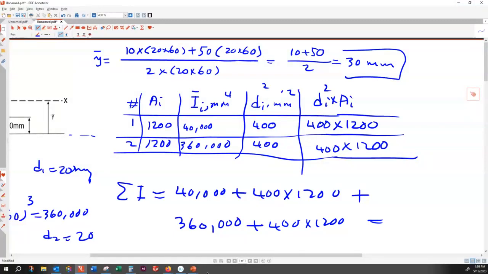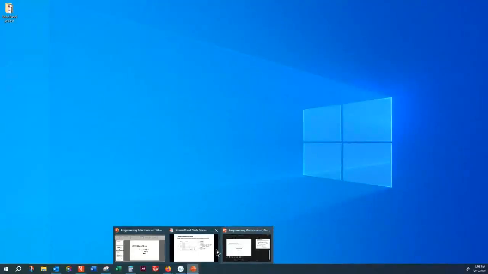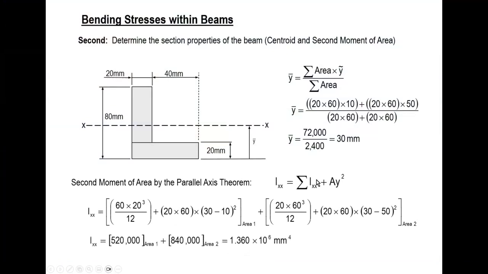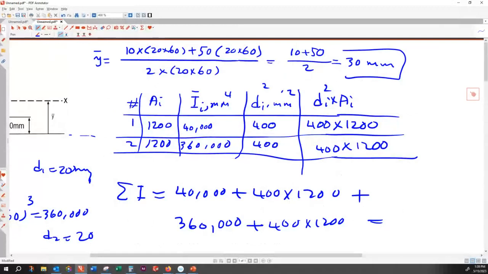What you get is 1.36 multiplied by 10 to the power of 6 millimeter to the power of 4.